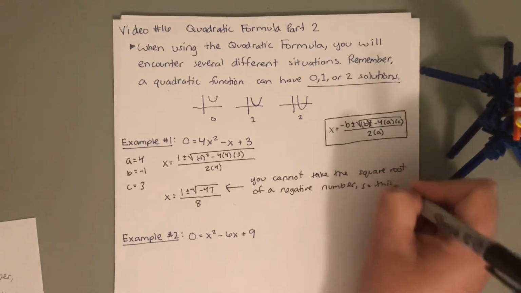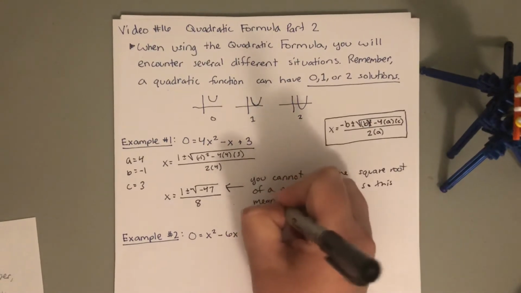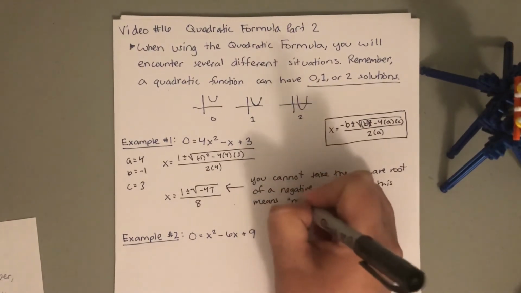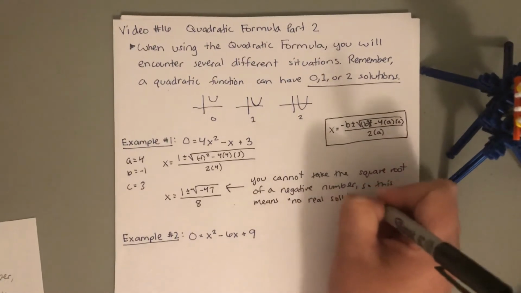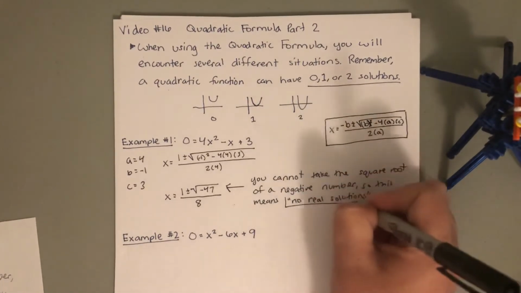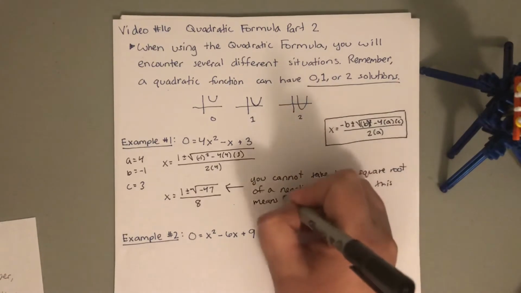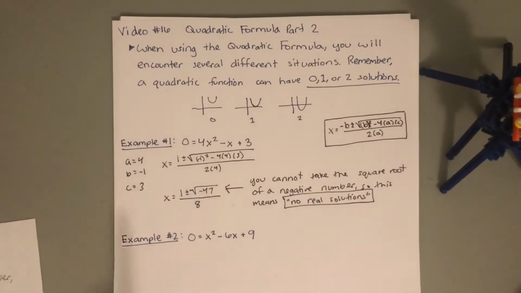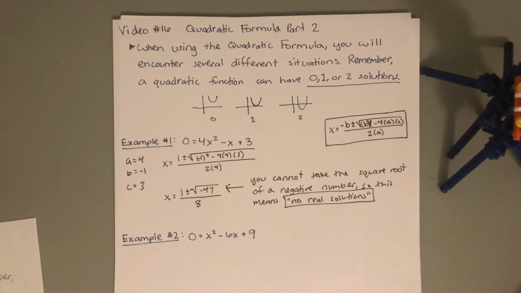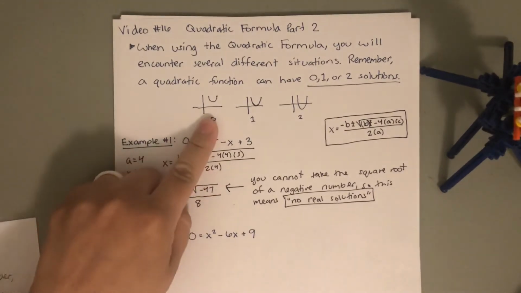So this means no real solutions. So whenever you get a negative under the square root, you know that there's no real solutions. It's going to look something like that, where it's not touching the x-axis.